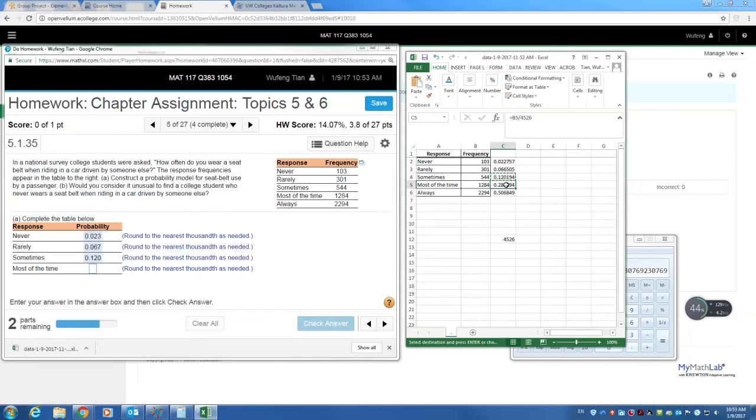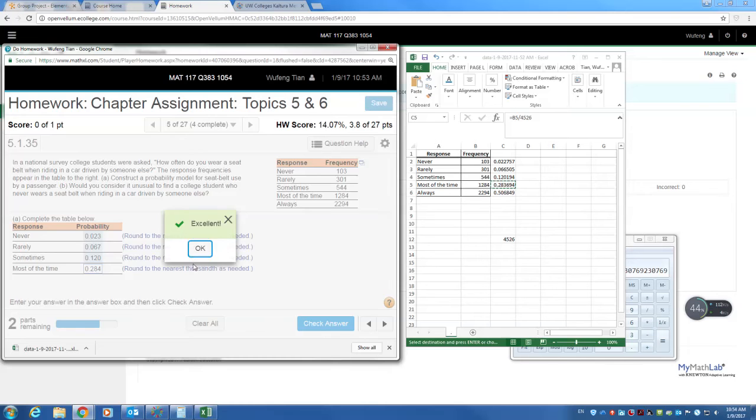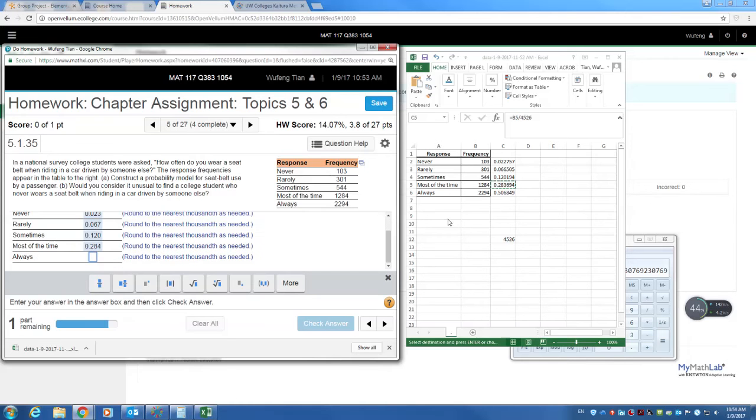And this is your probability. You just use this number divided by the total. Always use this number divided by the total.